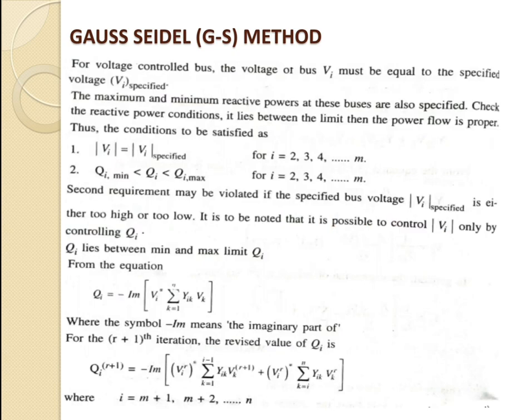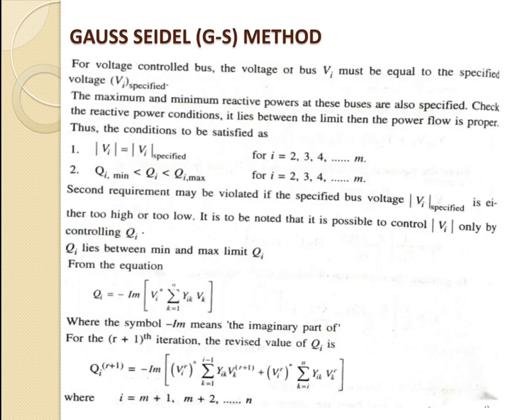The second requirement may be violated if the specified bus voltage is either too high or too low. It is to be noted that it is possible to control voltage only by controlling the reactive power.